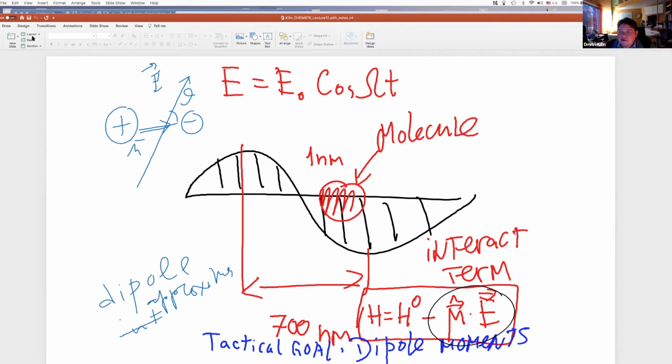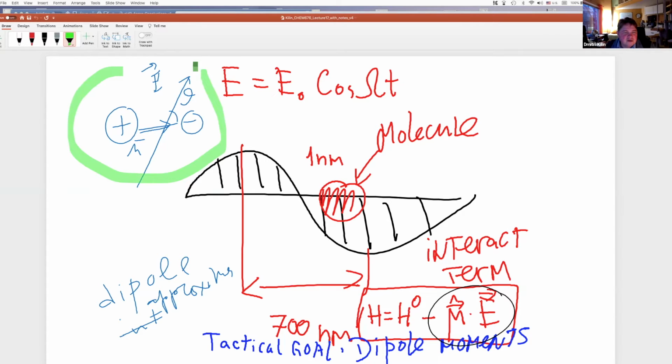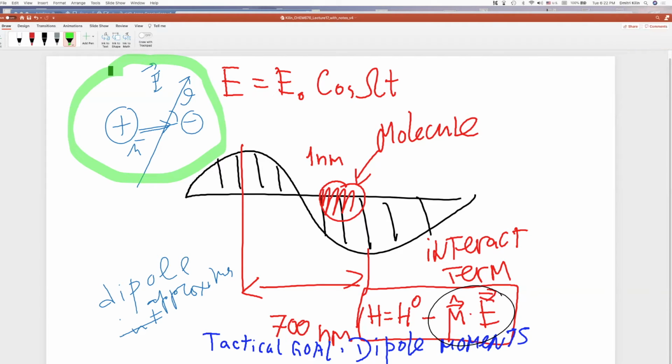Now, let me ask Stephen, how do you interpret this slide, especially the stuff in this circle? I apologize for the ugly drawing, but any comments?